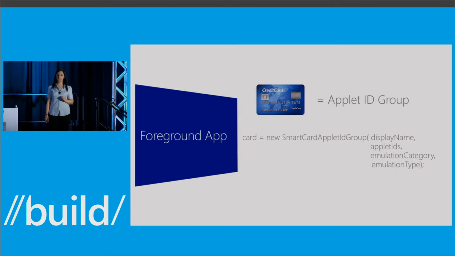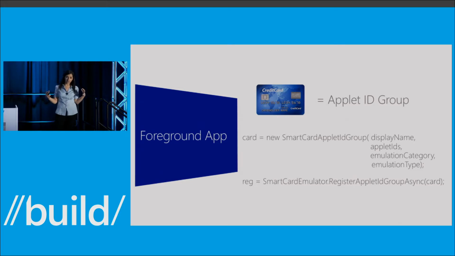An emulation category: we have 2 different emulation categories, payment and non-payment, which is called other in the system. And the emulation type: as explained, in Windows 10, we support both host card emulation and SIM-based emulation, which is UICC.